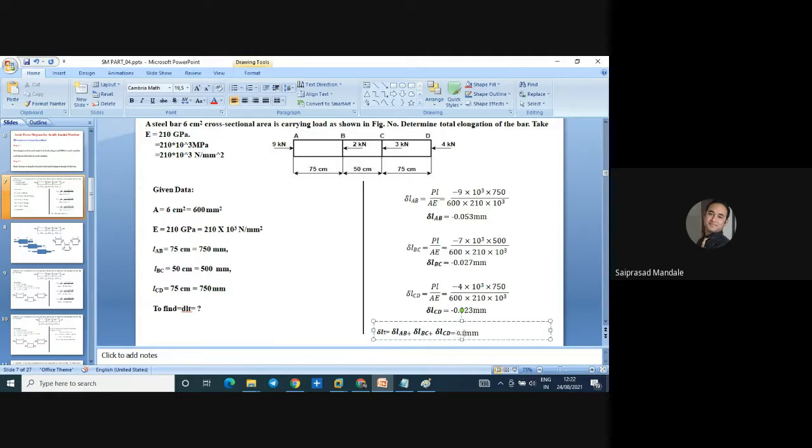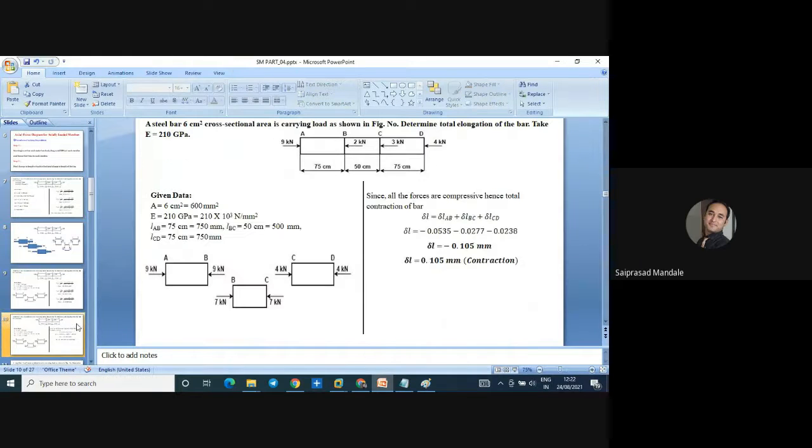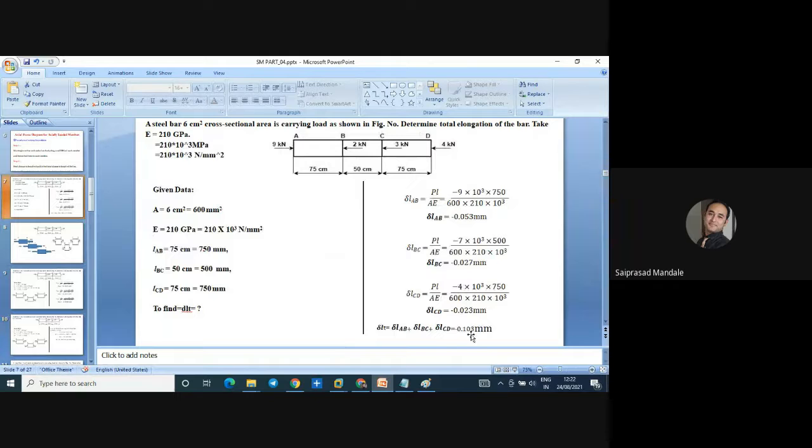Minus 0.103. Okay, this can be the answer. Please do not go into overconfidence. Everybody has to calculate and don't trust anybody. The answer that I have with me is 0.105, and you're telling me the answer is minus 0.103. So you can write it as 0.103 mm compression or contraction.